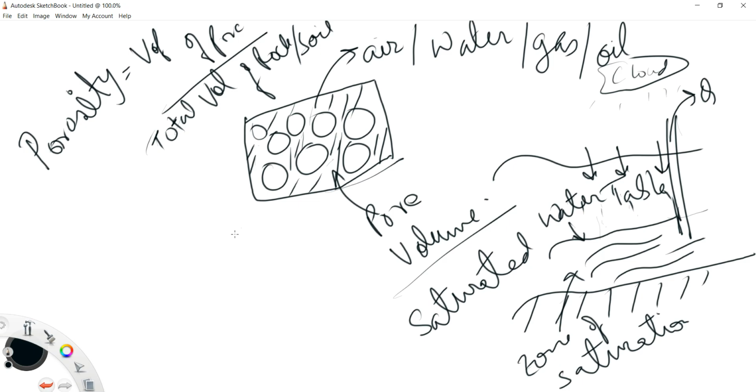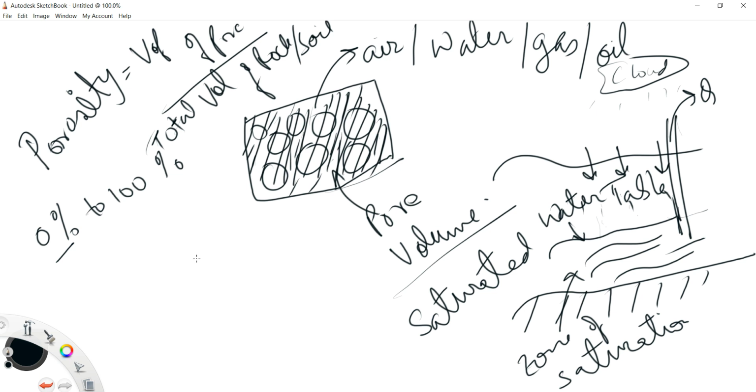So you can think about this. The porosity value goes from 0% to 100%. So 0% is when you have zero porosity, it is completely full, so there is no pore here. And 100% is when it's just a big hole in the rock, so then it will make it 100% porous material.